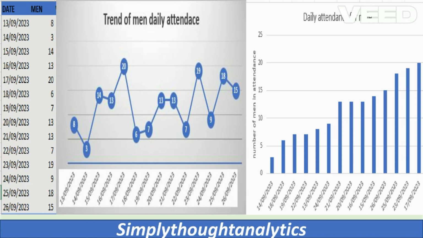That is the first thing: the type of chart we use depends on the kind of pattern or information we want from the data, or want to present to our audience.